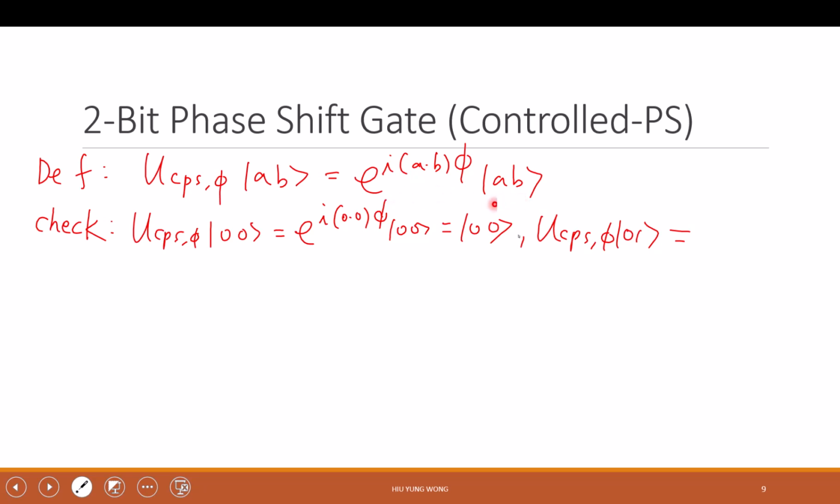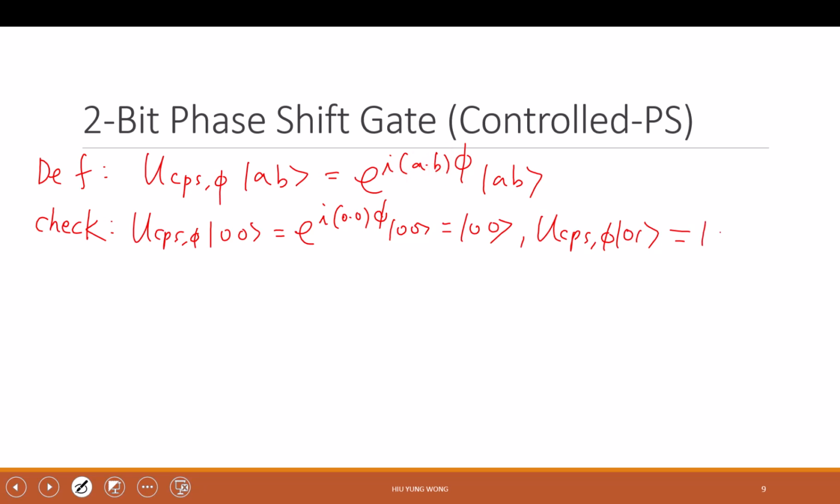Then what will be here? |01⟩. It won't change, right? But then the exponential is what? 1. Yeah, the whole thing is 1 because it's 0 times 1, right? e to the power 0 times 1. So as long as you have a 0 in A or B, this is going to give you 1, right?